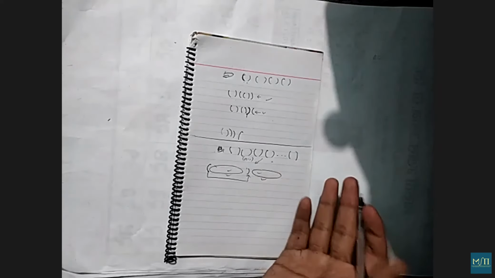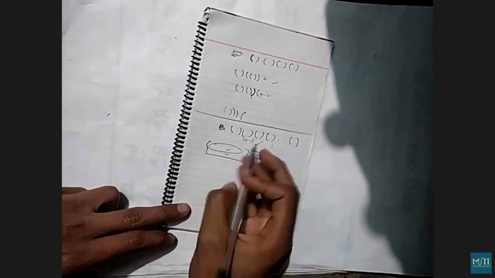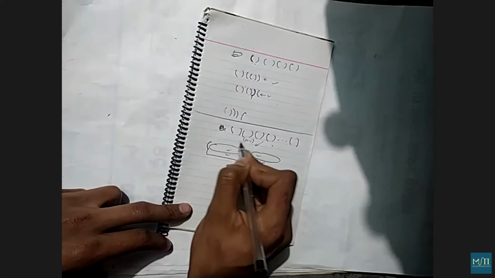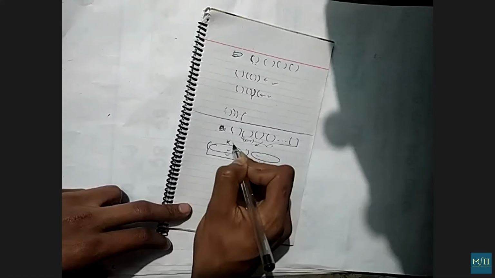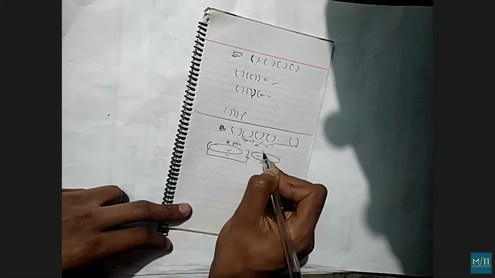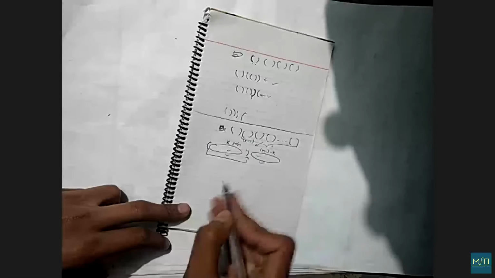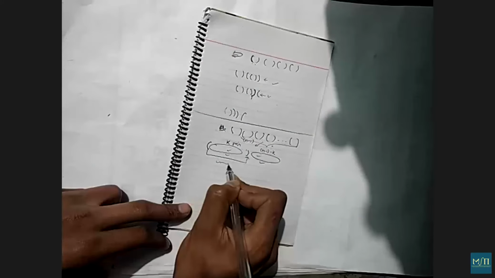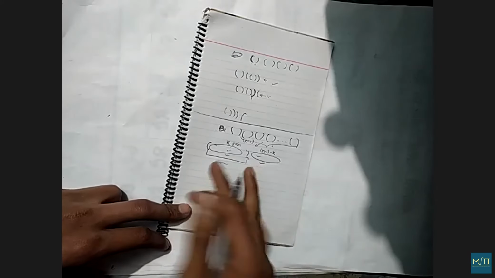So how many ways are there to place these n minus 1 bracket pairs over here? That's the nth Catalan number, right? So suppose we put k of the pairs over here, and then we are left with n minus 1 minus k pairs. So we have to put k bracket pairs over here, arranging k bracket pairs.